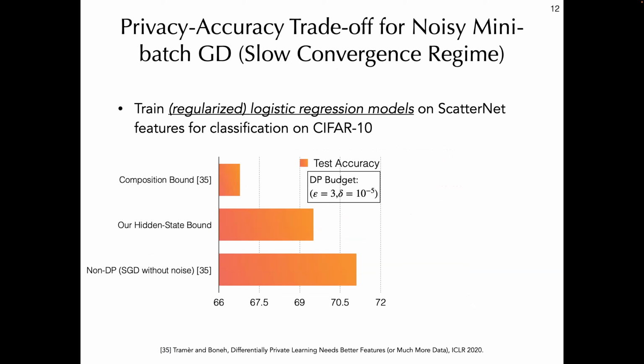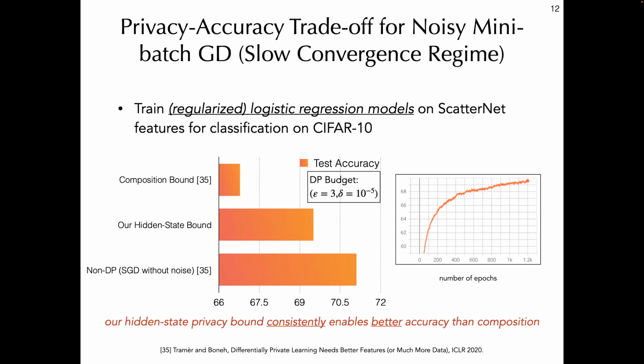So we train a regularized logistic regression model on scatternet features for classification on CIFAR-10, and we observed that compared to previous work that uses the composition bound, the optimal accuracy at the DP budget epsilon equals 3, delta equals 10 to the minus 5 is significantly larger, and it is also closer to the accuracy under no noise, that is the accuracy for training non-differentially private models.